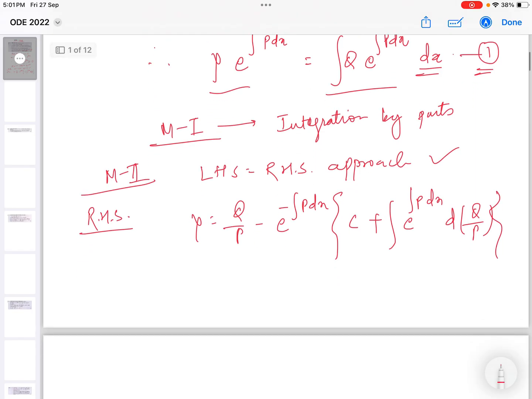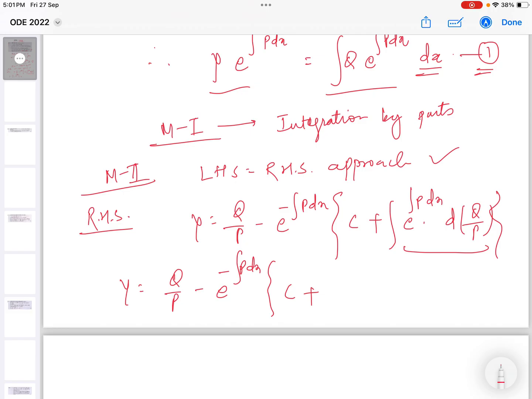So what we can do? We try to simplify this down. So y equals q by p minus e raised to the power minus integral p dx, c. Try to reduce it by parts.